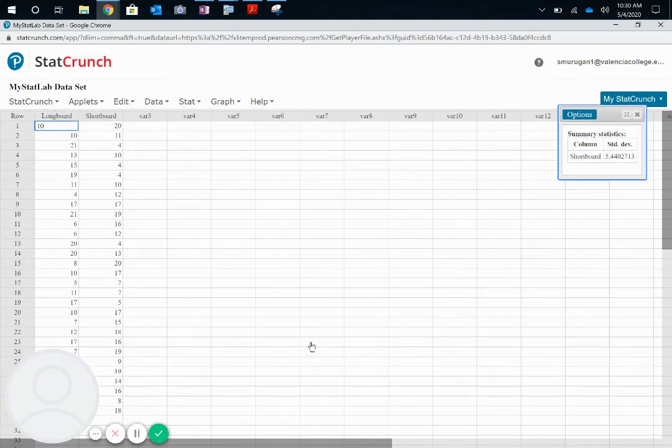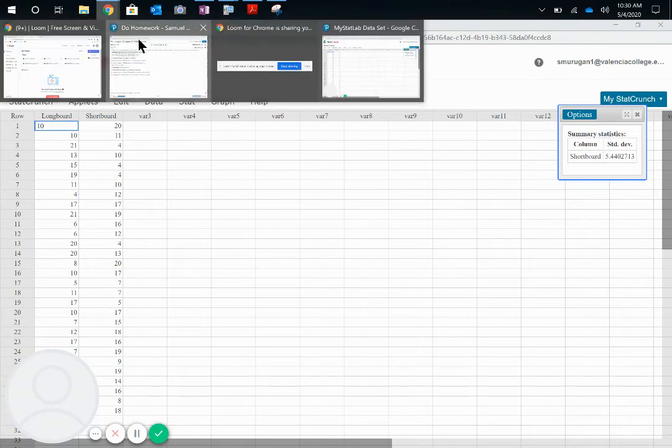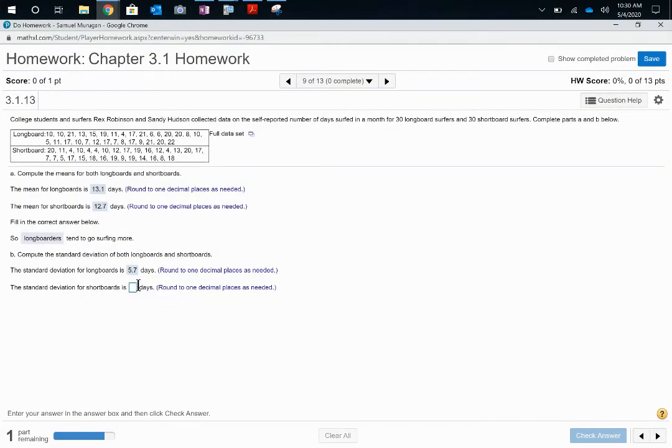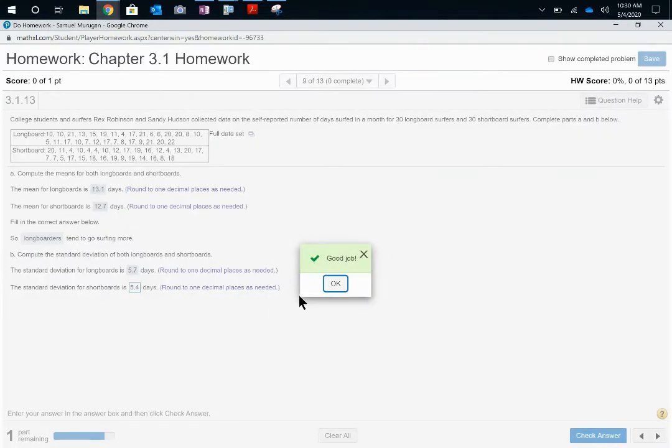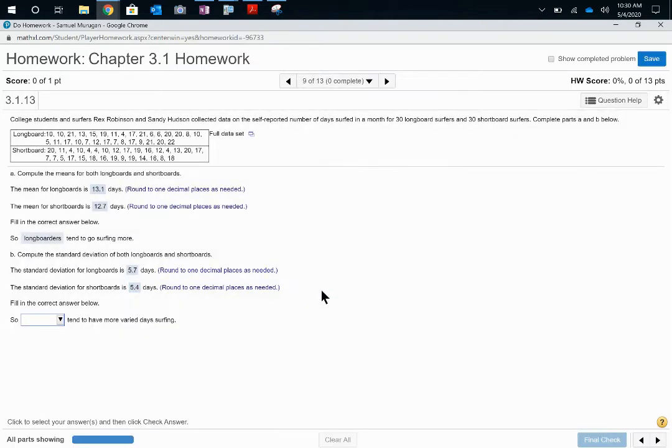And we see for the shortboarders, it's 5.4. So clearly the larger number is 5.7. So longboarders tend to have more varied surfing days instead.